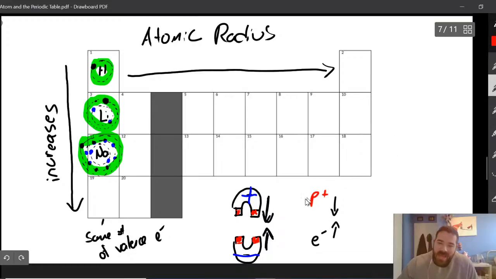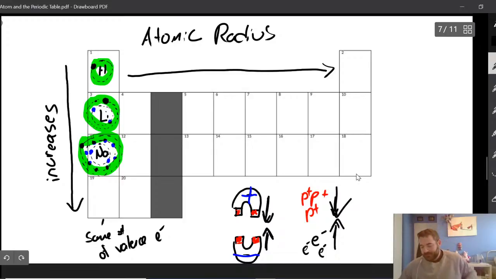So if I add protons and I add electrons, that attractive force is going to increase. It's going to get stronger. And we call that electronegativity or electron affinity. So the more protons we have in the nucleus, the more strongly they're going to attract the electrons that are in the electron cloud or the electron orbits.